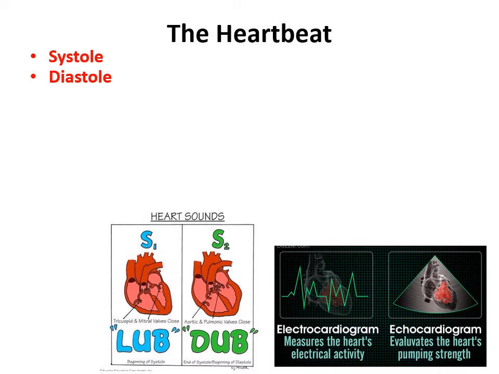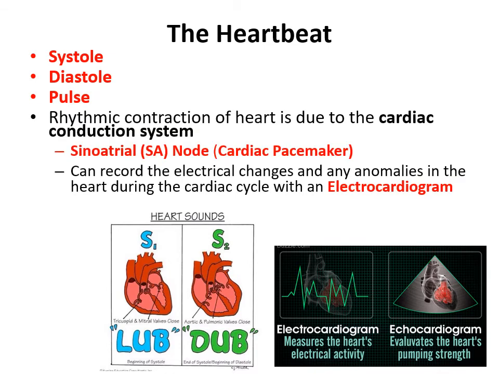So the pulse then is this two-part pumping action. It basically takes about a second to have diastole and to have systole, and it takes into account both of those. Now with this, you get the rhythmic contraction of the heart, that rhythmic pumping and that rhythmic lub-dub that you basically hear. So the rhythmic contraction of the heart is due to what's called the cardiac conduction system.